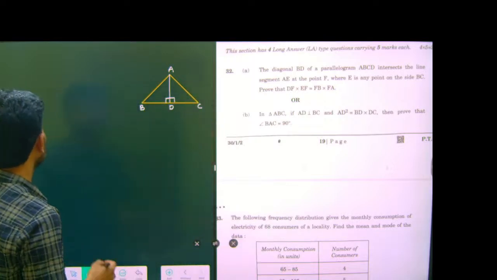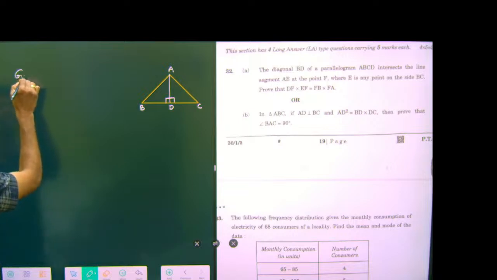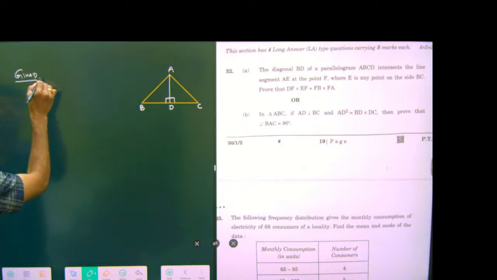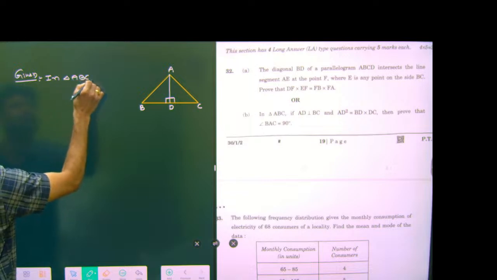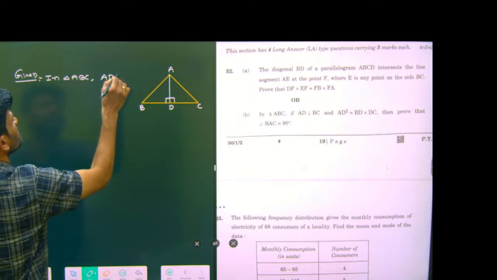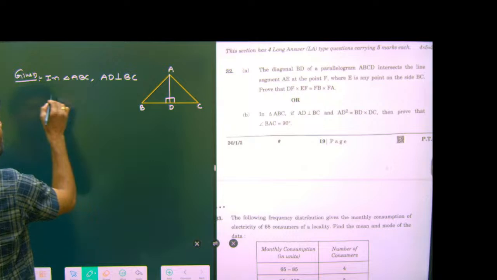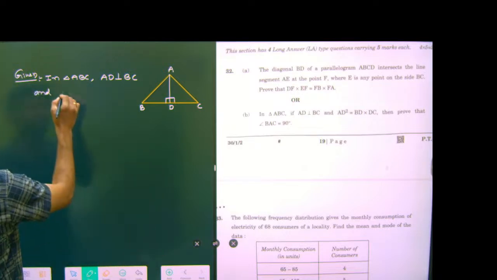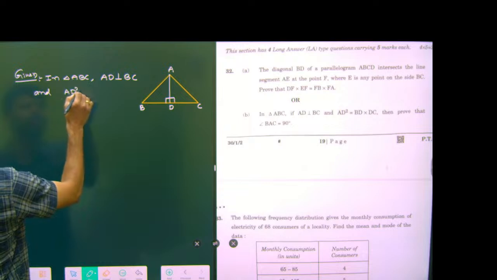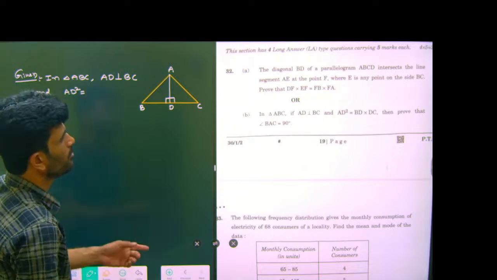So here also you first write down the given. In triangle ABC, we know AD is perpendicular to BC, and one more piece of information is given: AD square is equal to BD into DC.